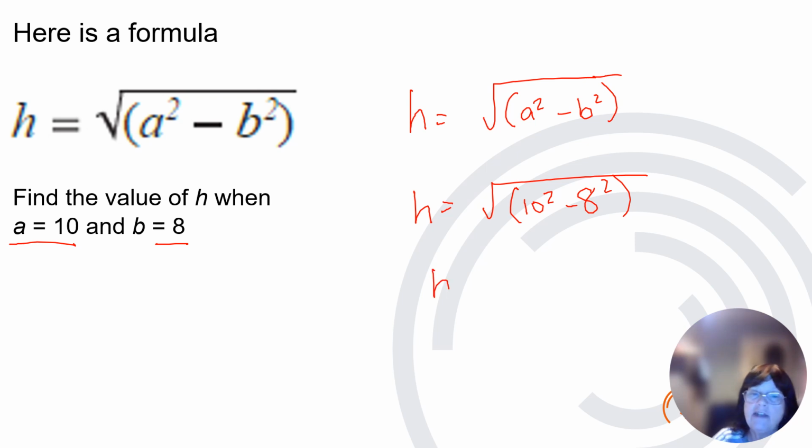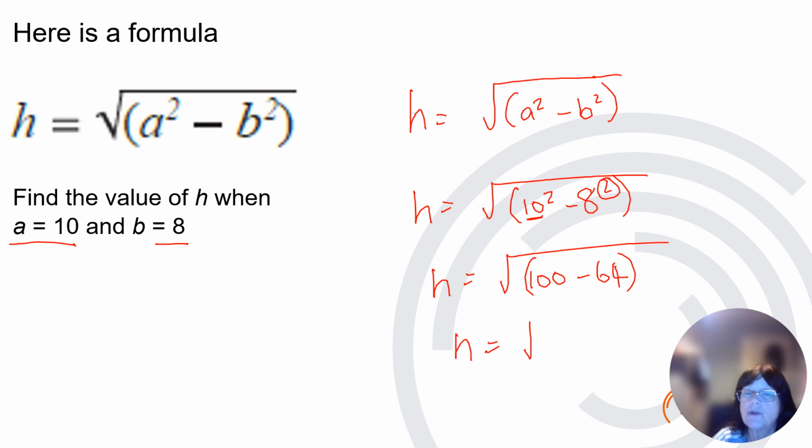So let's rewrite that and say it is the square root of 100 minus 64. We've solved 10 squared is 100, 10 times 10, and 8 squared, 8 times 8, is 64. So we are left with h equals the square root of 36, and the square root of 36 is 6.